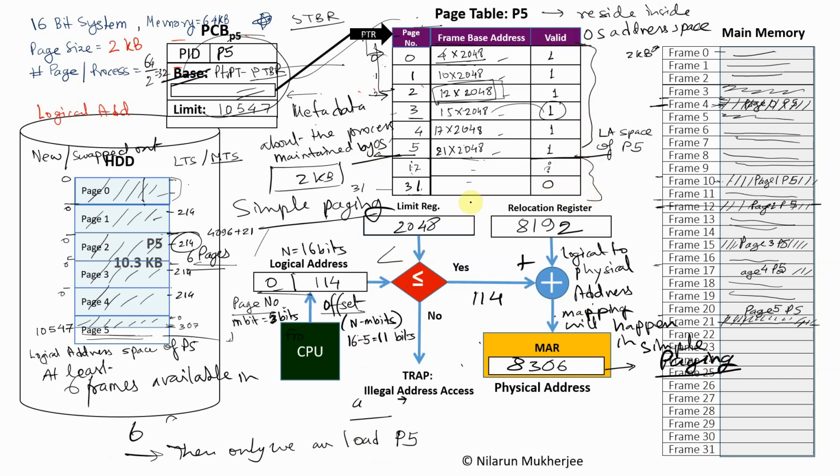After that, all the page table entries have the valid bit set to 0, signifying that they do not belong to the logical address space of the process. After that, it is not part of the logical address space of P5.